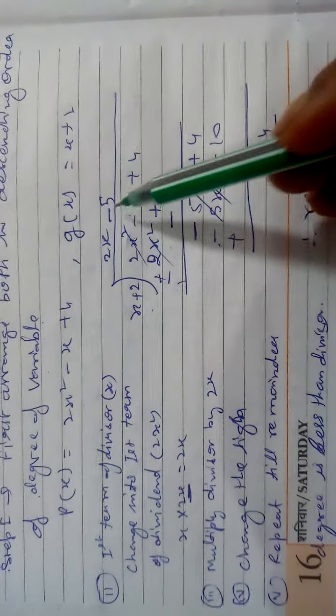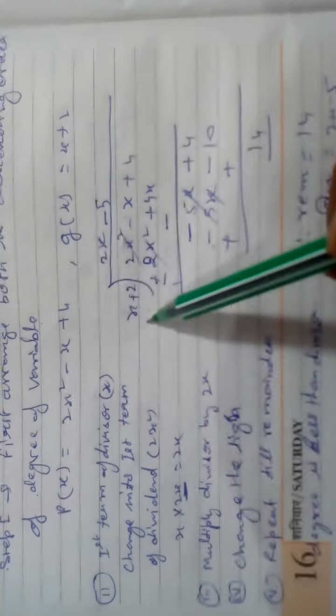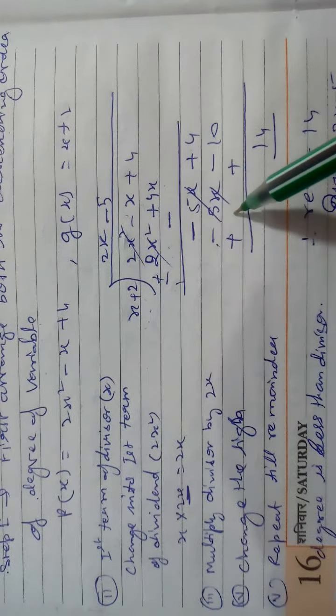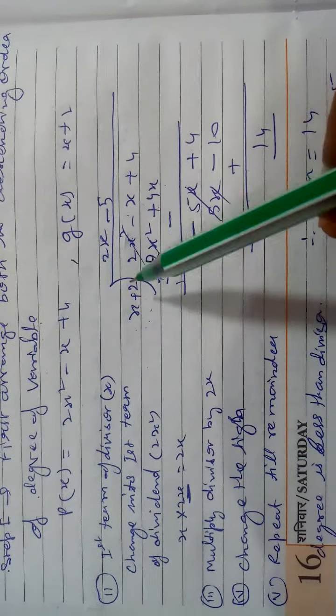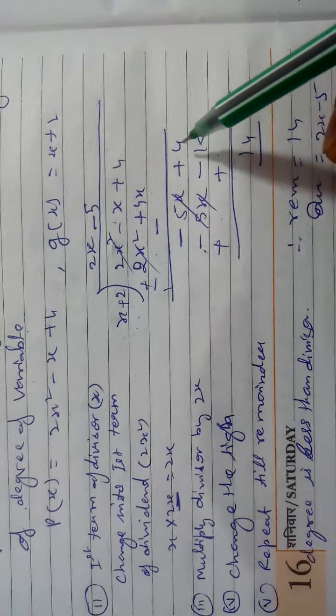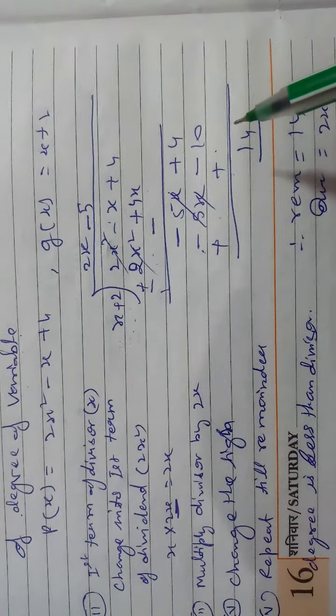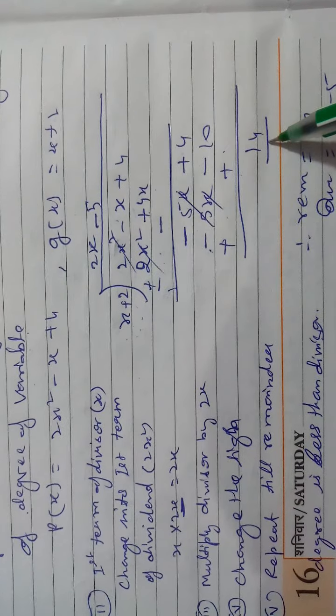So minus 5x you want. By which number do you multiply x to get minus 5x? Minus 5. Minus 5 into x, minus 5x. Minus 5 into 2, minus 10. So the opposite sign, both will be cancelled. So you will get 4 plus 10, 14. Your remainder is 14.